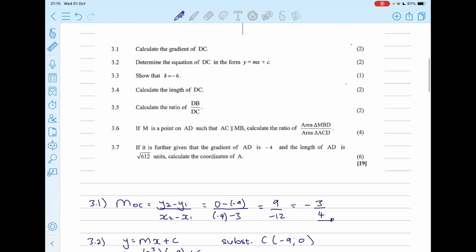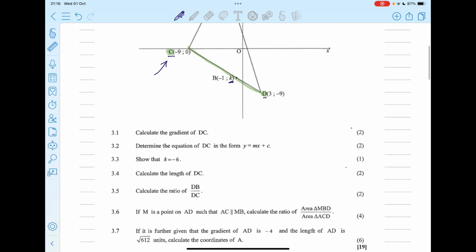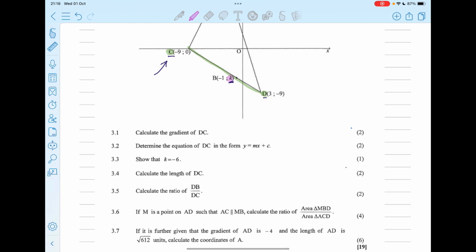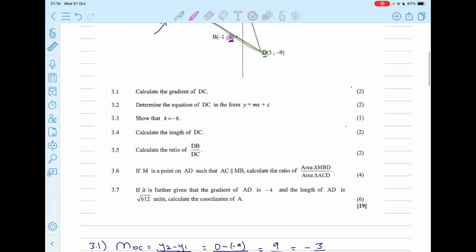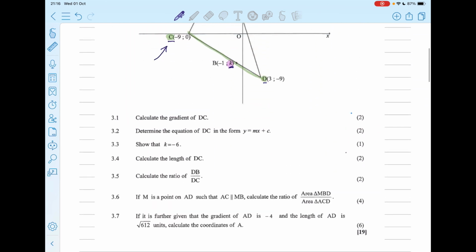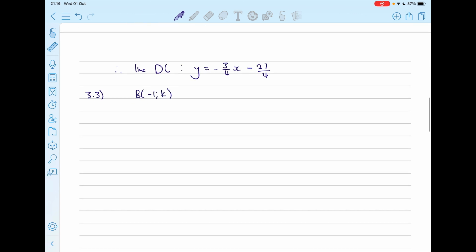Moving on to question 3.3. They said that we should show that k is equal to -6. So we see that k is on point B, and it's a y coordinate. So we just need to substitute our x value and see what the y value is, because we now have the equation for line DC. So B has, I think it's -1 and k.